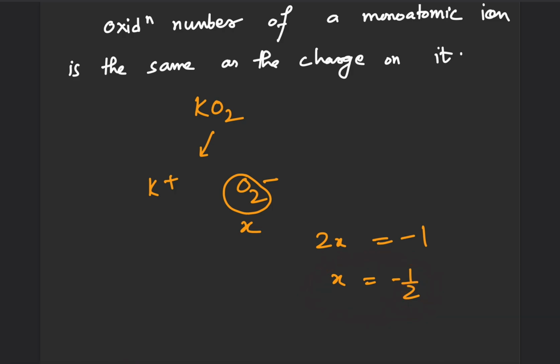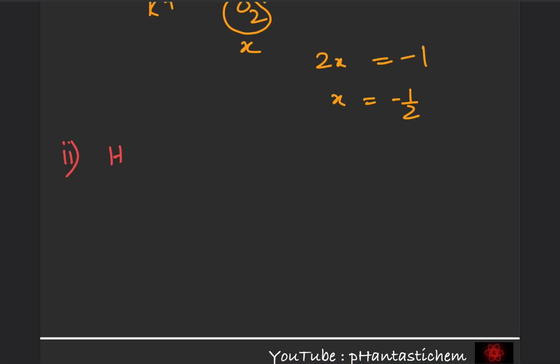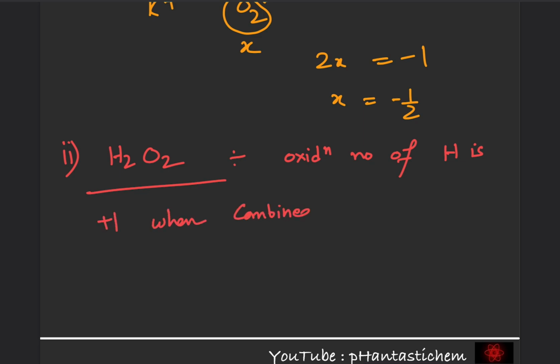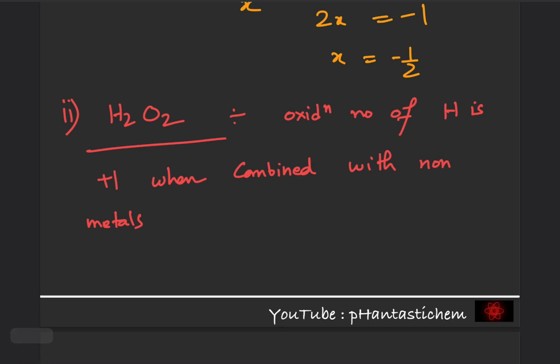Cool. Then we have H2O2. We know that according to the rules, the oxidation number of hydrogen is +1 when combined with nonmetals, and it is -1 when combined with active metals.